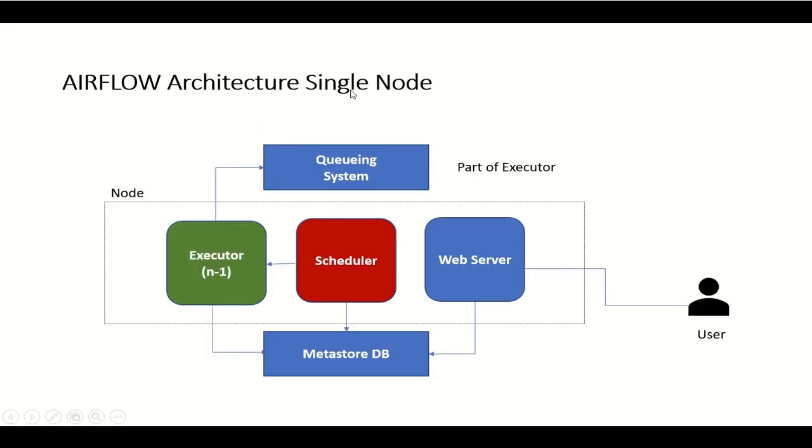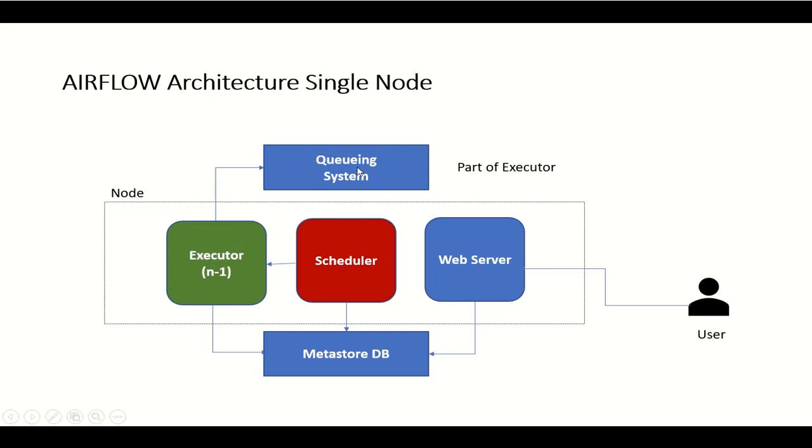This is the single node architecture of Airflow. As we saw before, we have the scheduler, executor, web server, metastore DB, and queuing system. The scheduler will take the data from the metastore DB based on the scheduling events, and then it will be passed to the executor where it will be run. Here we can see one more component, the queuing system.